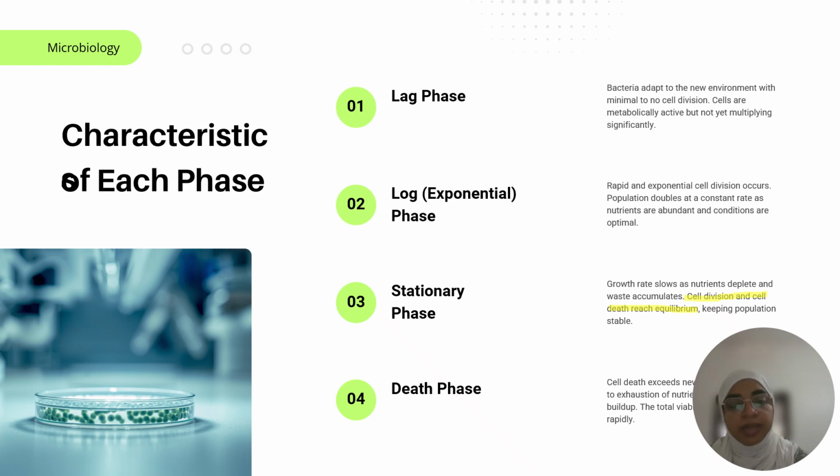No further multiplication happens and cell death exceeds new cell formation, so the graph declines downward. The cell count is decreased, the count of viable bacteria is decreased, and the number of dead cells is increased.